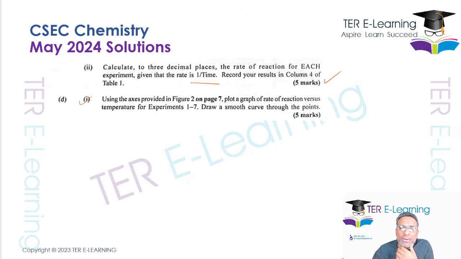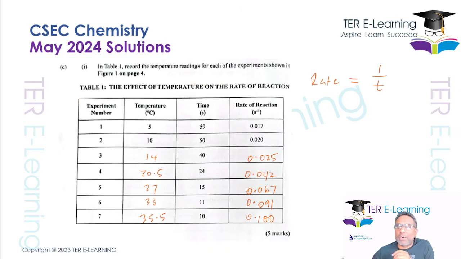The next part, on the axis provided, plot a graph of rate versus temperature and draw a smooth curve through the points. So let me get a copy of this.